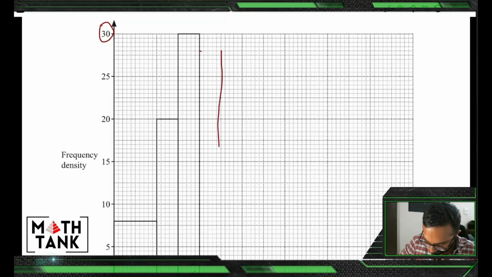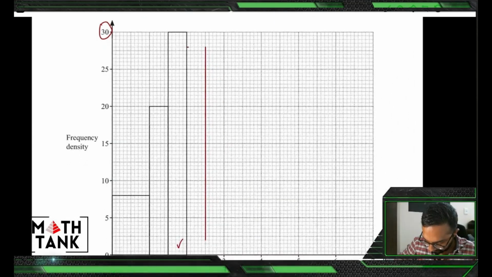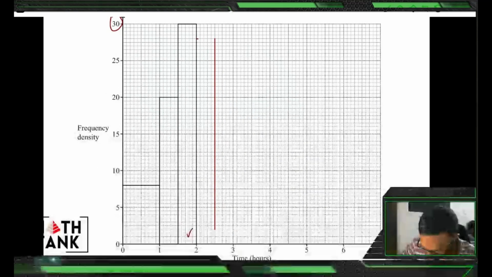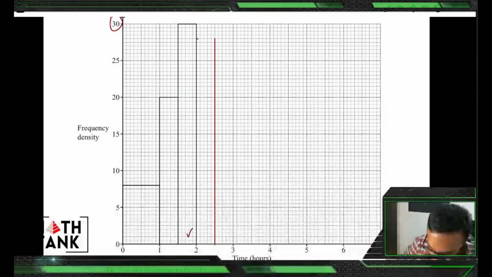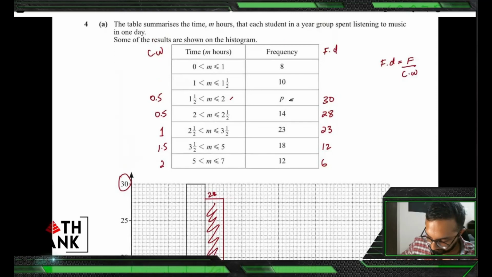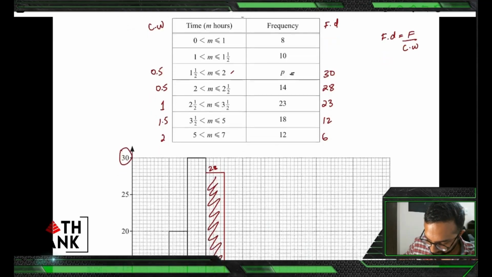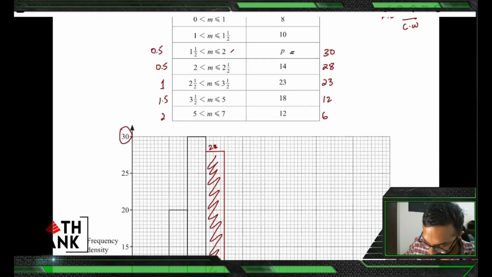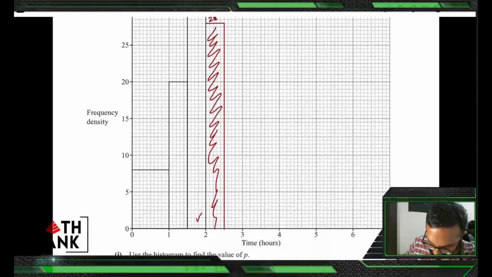So I'm going to take this and try to draw it. I have to shrink it a little. Okay, yep. And that is the first bar. Okay, then I have 2.5 to 3.5 and the height has to be 23.